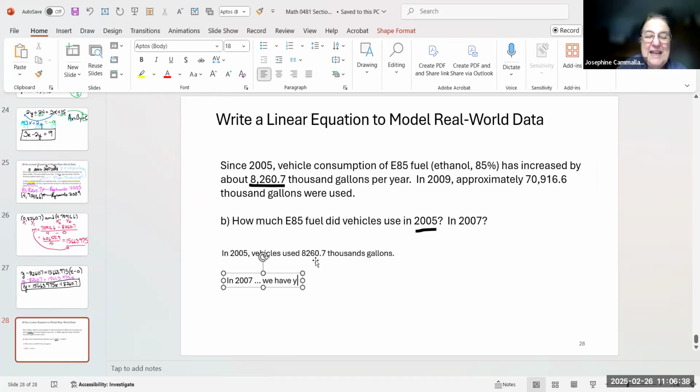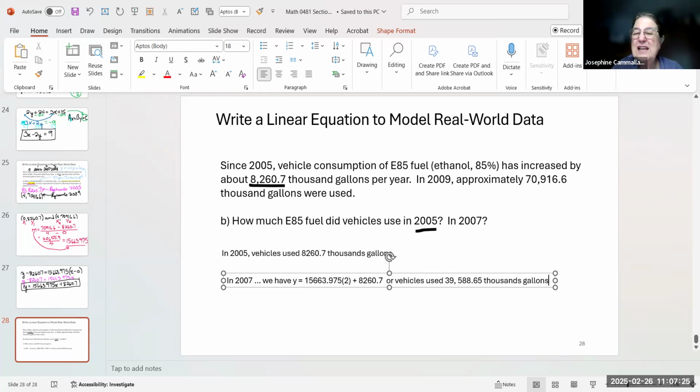We have y equals 15663.975 times 2 plus 8260.7, or vehicles used 39,588.65 thousands gallons.